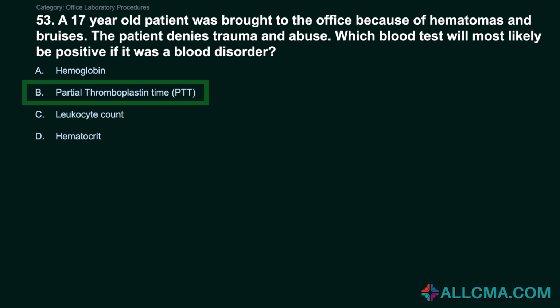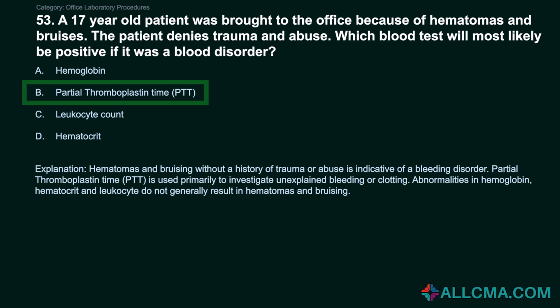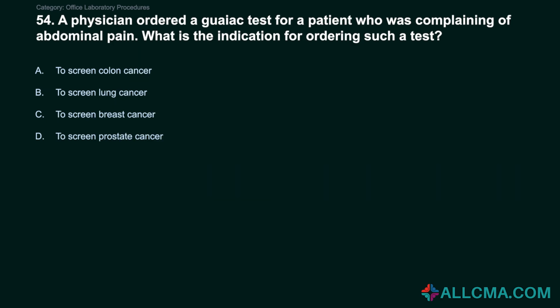Correct answer, B. Partial thromboplastin time, PTT. Hematomas and bruising without a history of trauma or abuse is indicative of a bleeding disorder. PTT is used primarily to investigate unexplained bleeding or clotting. Abnormalities in hemoglobin, hematocrit and leukocyte do not generally result in hematomas and bruising.